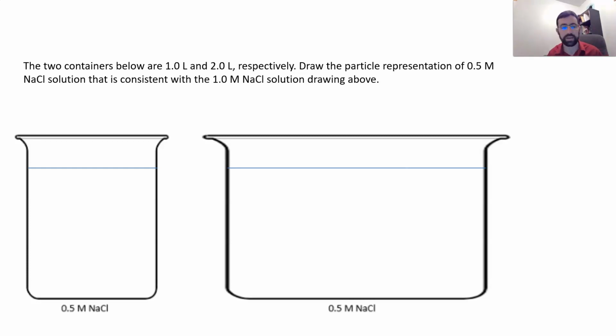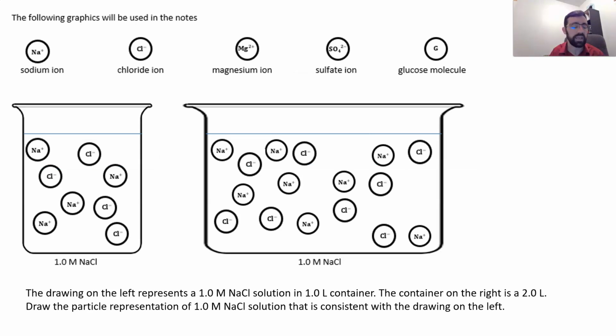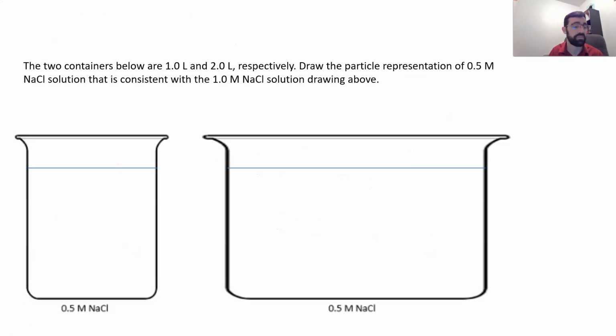So going back to the example we had, in our 1 liter container, I had 4 of each type of ion for a 1 molar solution. 0.5 molar is going to be half the concentration, so we should have half as many particles in 1 liter. Half as many particles in the same size container. So 2 of each, 2 sodium ions, 2 chloride ions.